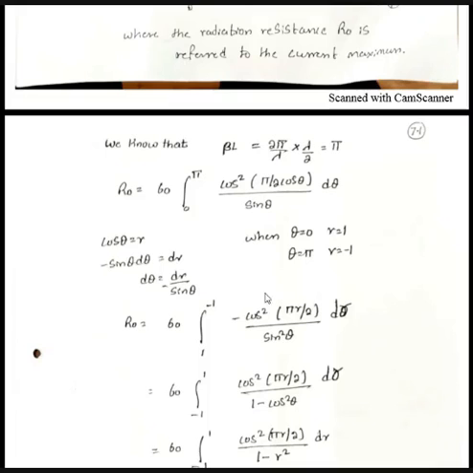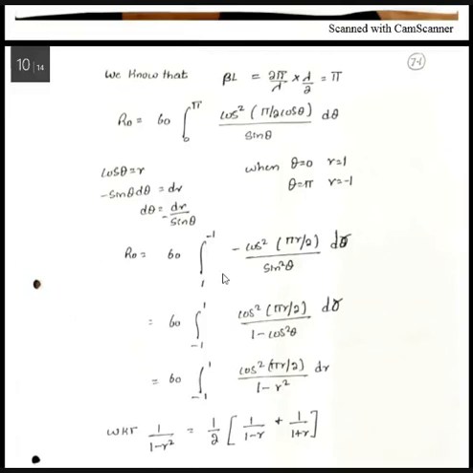Now substituting these limits in this equation, and instead of cos theta you substitute r, you'll have the integral from 1 to minus 1 of minus cos squared (pi r by 2) divided by sin squared theta. And if you interchange the limits, you change the sign.